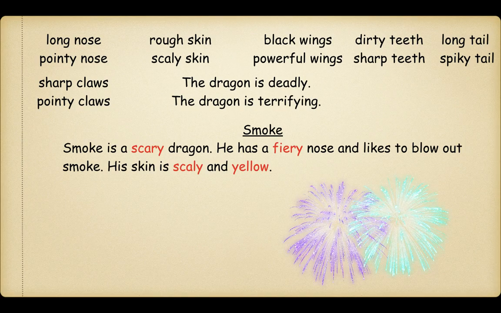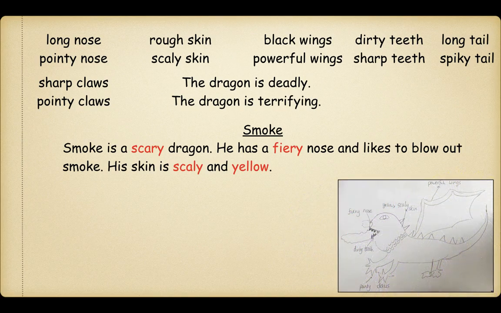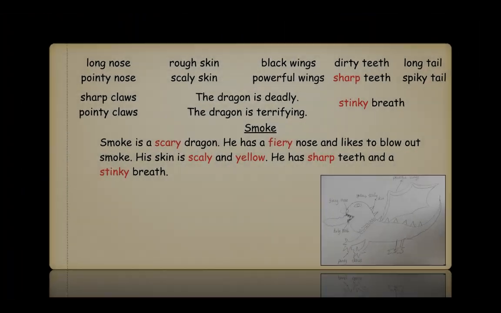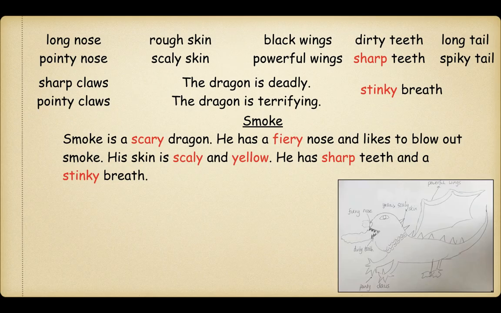Now what we're going to do here is use some of the ideas off the drawing, and we're going to keep building new sentences. So I've added a new sentence to our writing from yesterday. He has sharp teeth and a stinky breath. Can you see the words coloured in red?